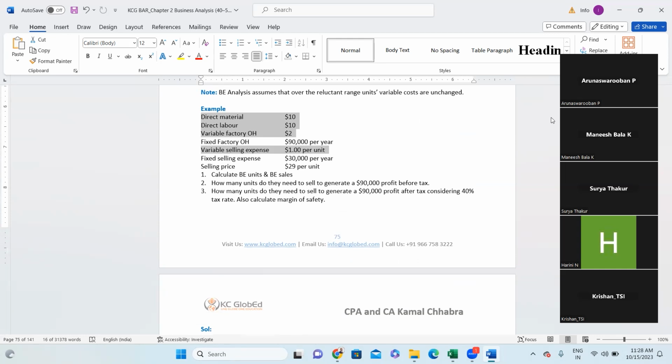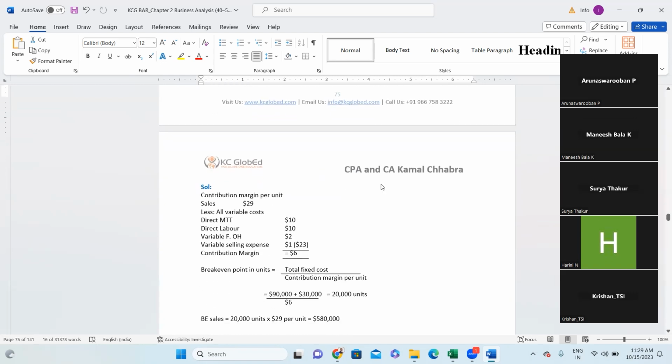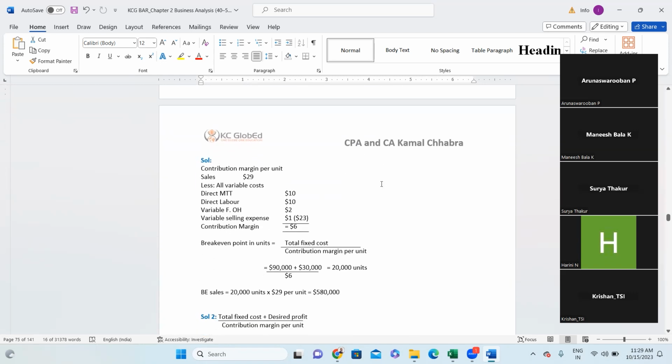So what is the contribution margin? $6, yes, sir, 29 minus 23, right? $6 is my contribution margin. So denominator is $6 and numerator is 120,000. So how much is the quantity coming out? 20,000 units, yes, sir, right?